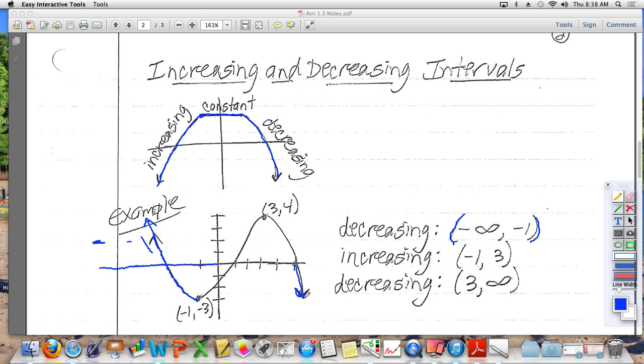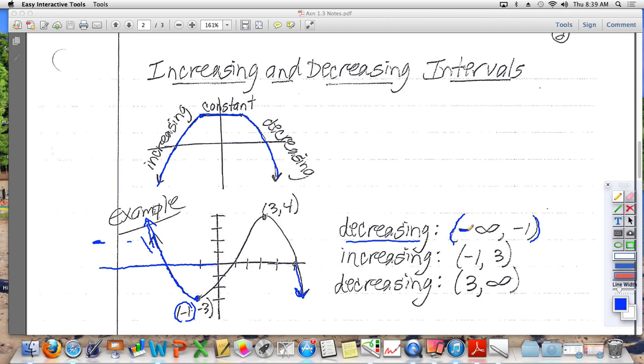But the x values start very, very negative, and the graph continues to decrease until you get to this x value right here, which is -1. Are you okay with that? Yeah. It's decreasing until you get to an x value of -1. So I have written here that it is decreasing from negative infinity all the way up to -1.